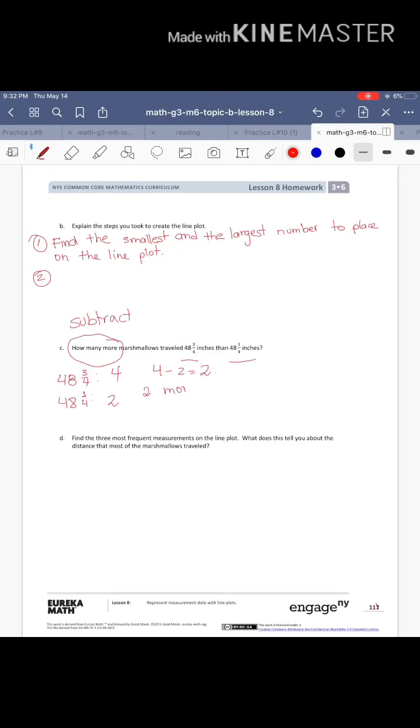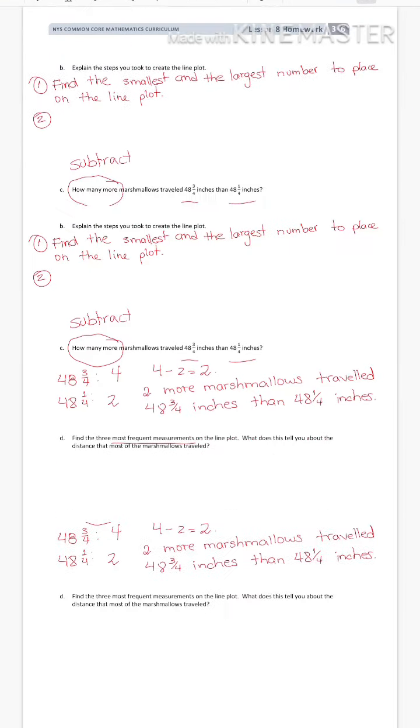The answer will be 2 more marshmallows traveled 48 and 3/4 inches than 48 and 1/4 inches. Period. Easy peasy.